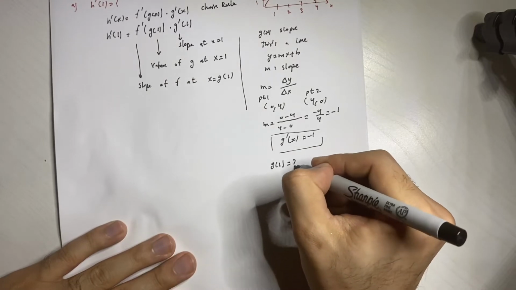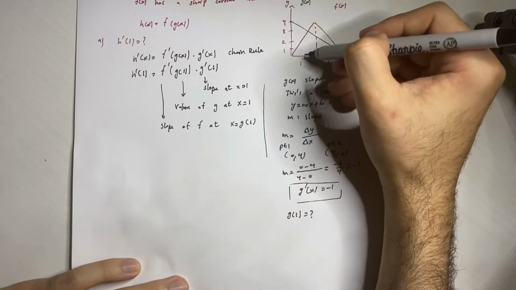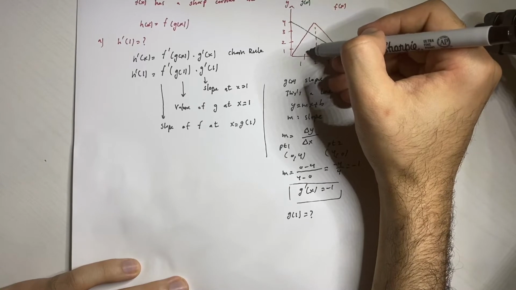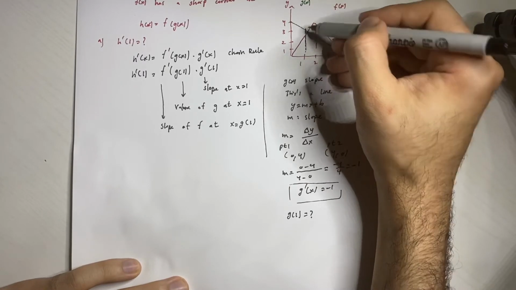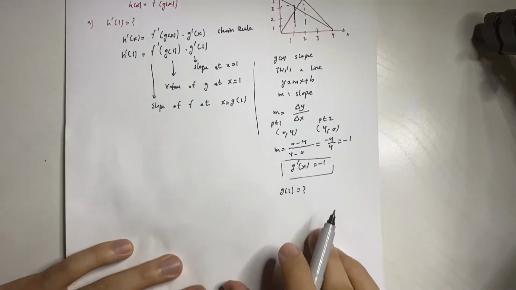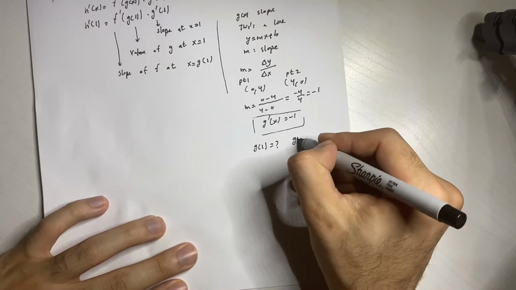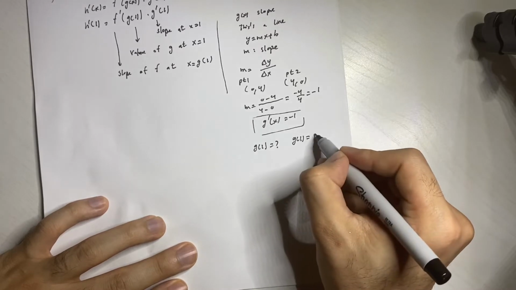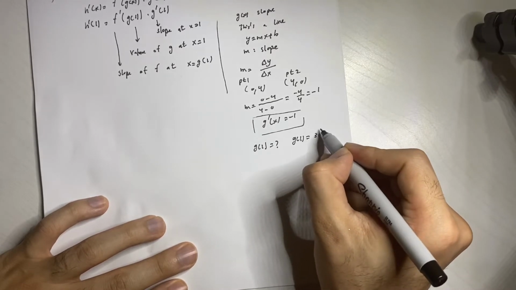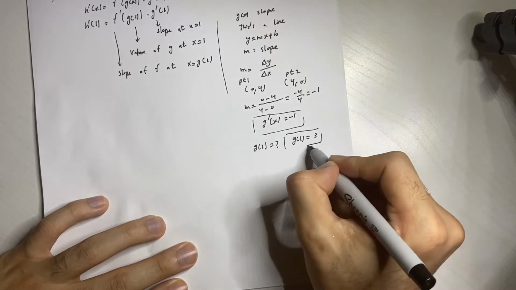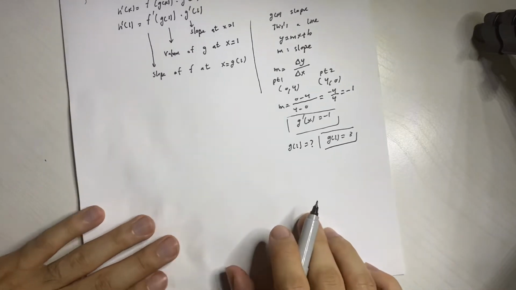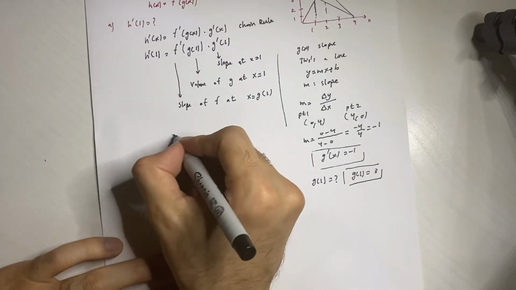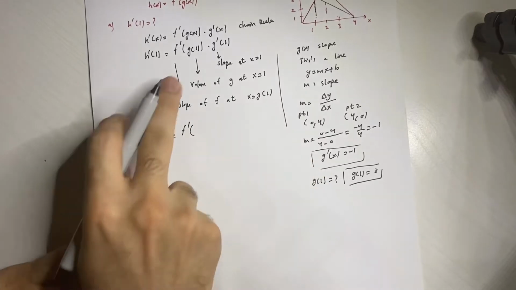Now we have to evaluate the function at g of 1. We can just estimate since the question asks us to estimate. So you can see g of 1 will be 3. Now what we do is plug this value back into the equation.